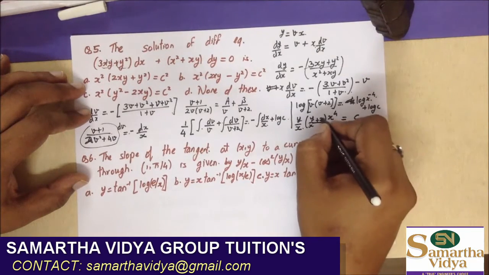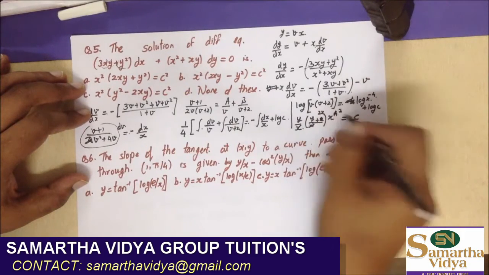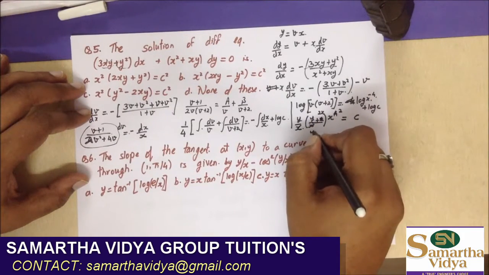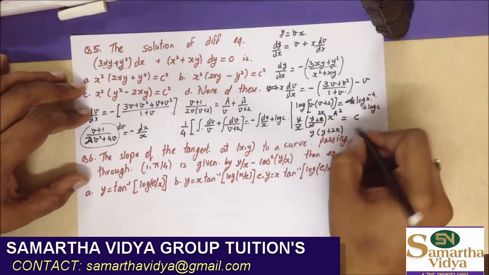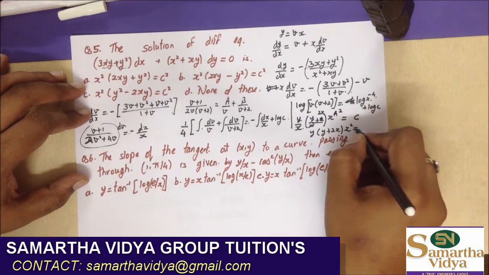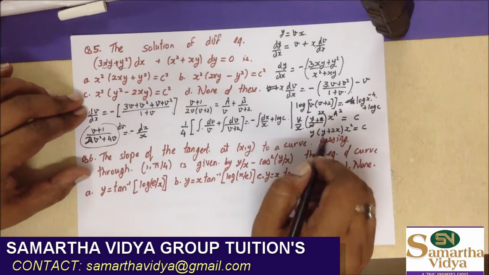So the LCM is 2x, and the x gets cancelled. I'll be landing with the term y(y + 2x)x² = c. As you can see, it's nothing but option A.